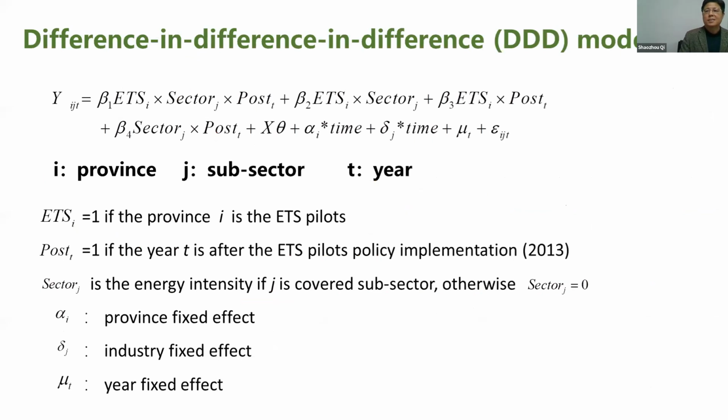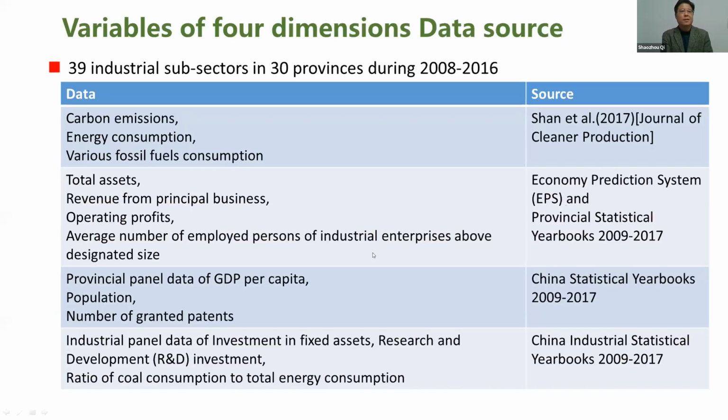This is our DID model, that is, the difference-in-differences model. We count the subsectors covered by the ETS, and the years after starting the ETS pilots. We collect data on 39 industrial subsectors in 30 provinces during 2008 to 2016, which include carbon emission and consumption, various fossil fuel consumption, and so on.